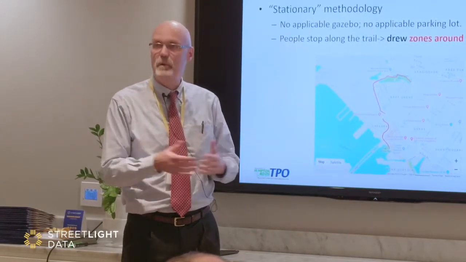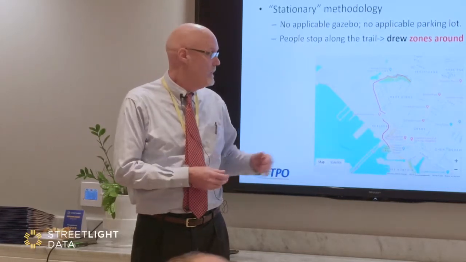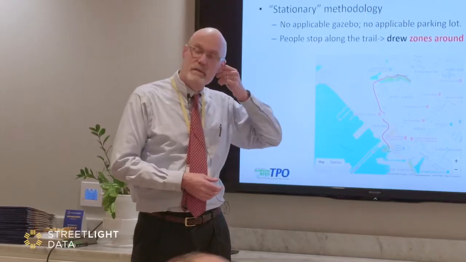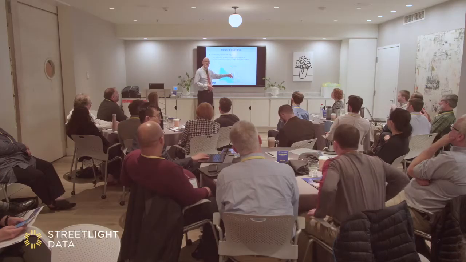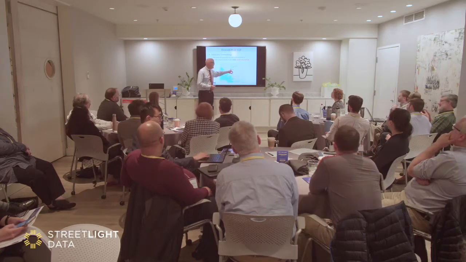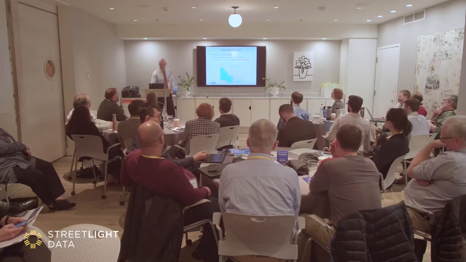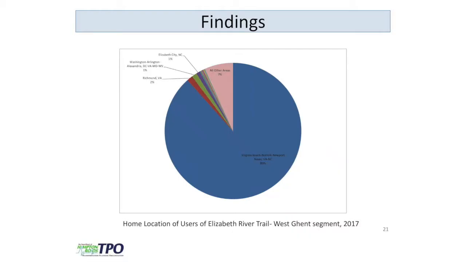I'm just assuming that people are going to stop on the trail somewhere long enough to be recorded by StreetLight. You might say, well, why did you split it here? That's because this is like a wide sidewalk on a street, and I didn't want to pick those people up. So I got a result for here and a result for here. Okay? This is much more of a local trail, less of a tourist attraction. So those are my results for that.